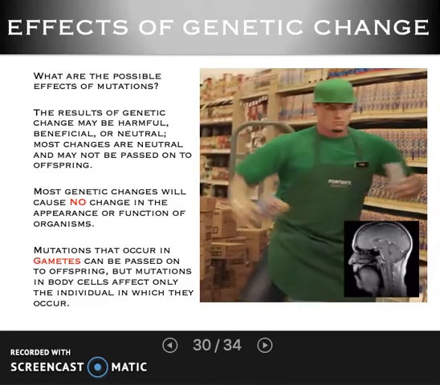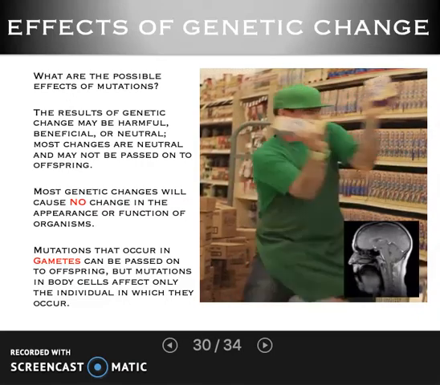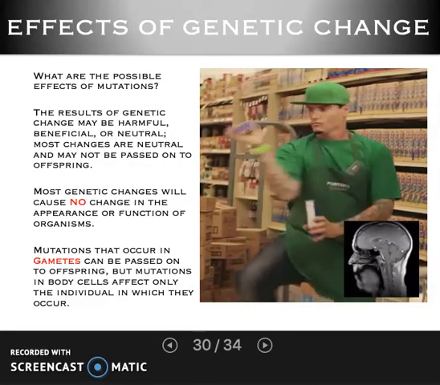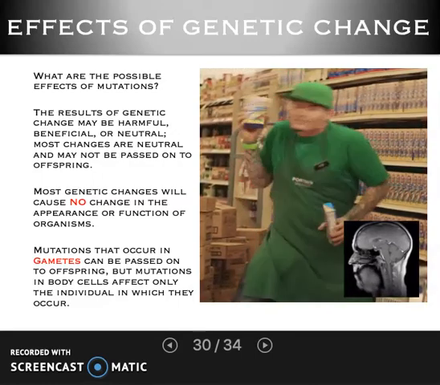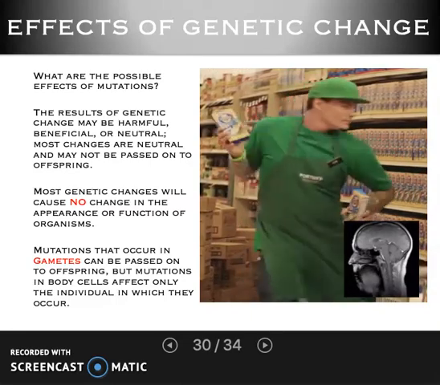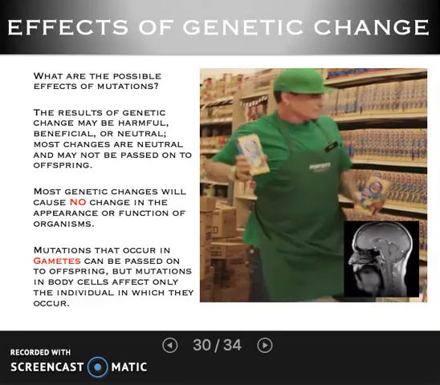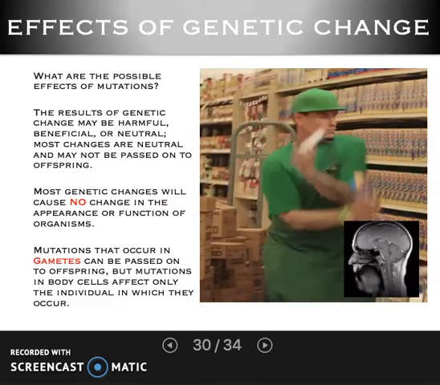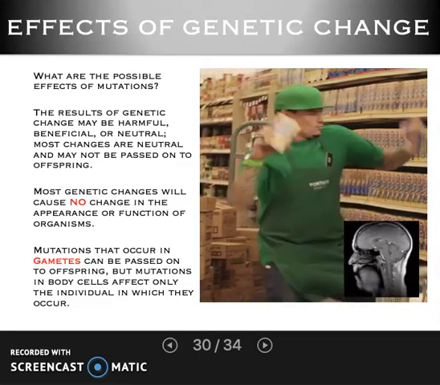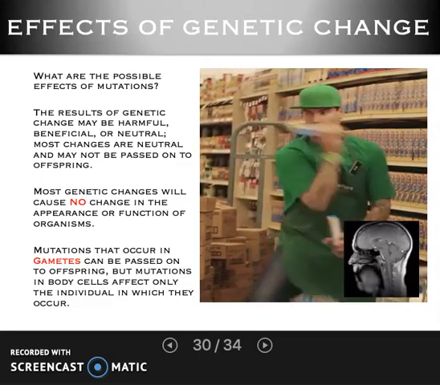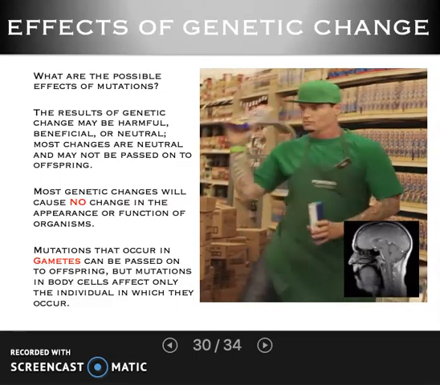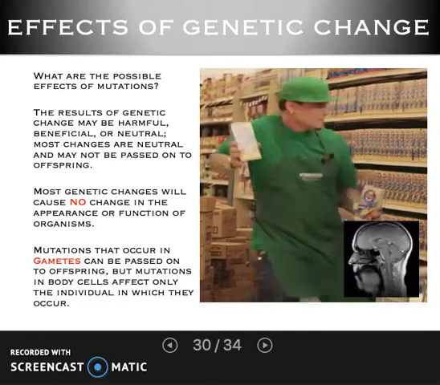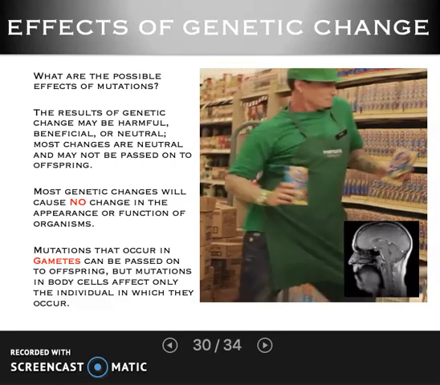Most genetic changes, of course, are probably not going to have a change because my DNA library is so big that the chances of a change occurring in the middle of a gene are relatively low. However, the next level is that most mutations are not going to be good for you. And the only mutations that are really important when it comes to humans are the mutations in the sperm or eggs. That is, mutations that can be passed down. And so that's an important thought when we get into evolution next.